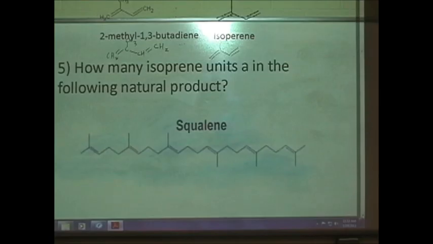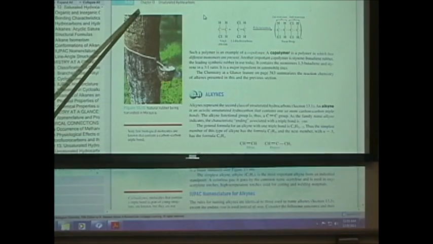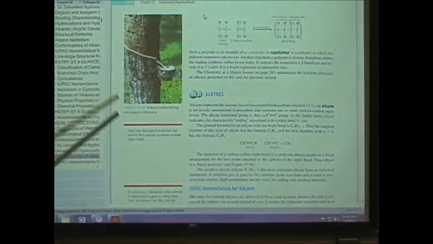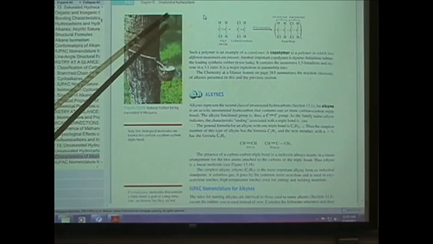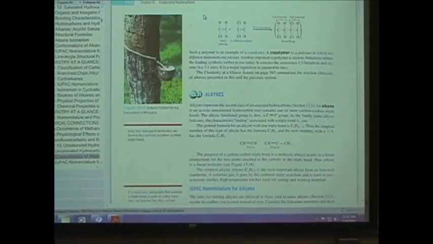And there's a picture in the book. Do you see that the bark grows back again and they keep doing it again and again. Then they go back and start cutting again. Where I grew up, this is very common. People go and cut it in the morning and put the cup here, and the rubber liquid comes out. It's a mixture of these isoprene units.